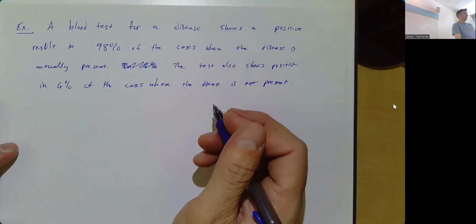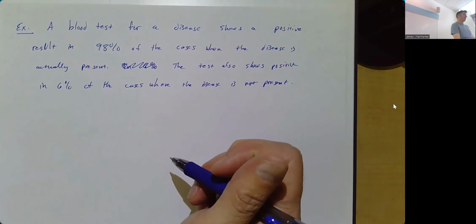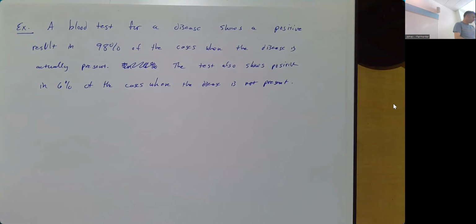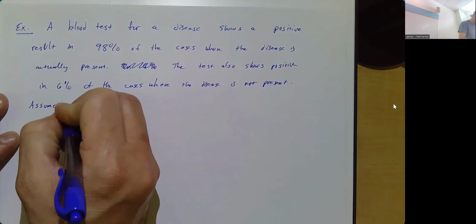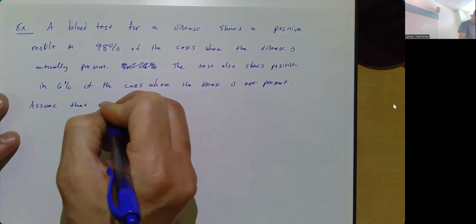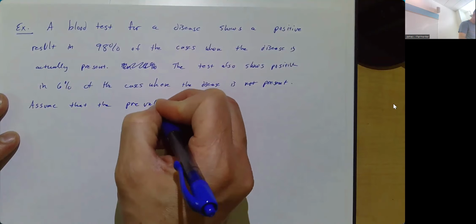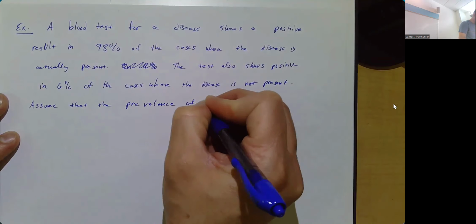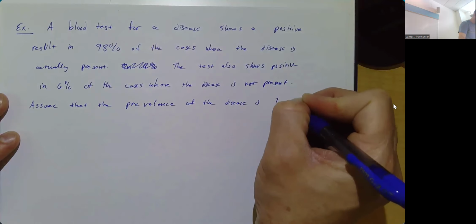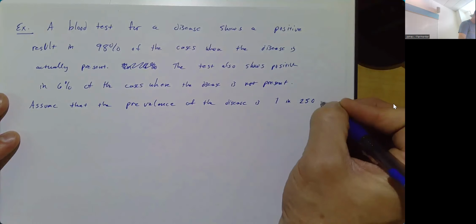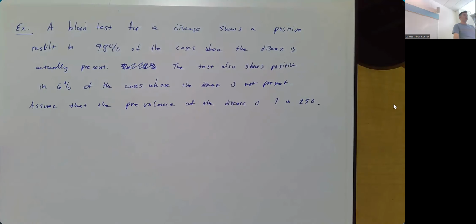A false positive, right? You don't have the disease, but you still tested positive. Assume that the prevalence of the disease is 1 in 250, or 0.4%.